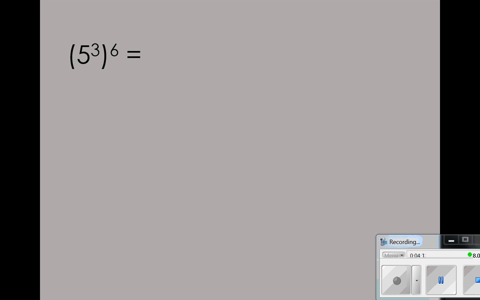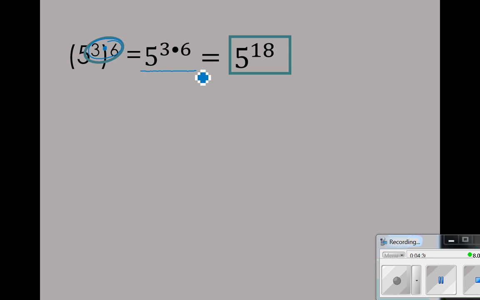Here's our first example. We have 5 to the 3rd power raised to the 6th power, so it is a power to a power. We're going to keep the base and multiply the 3 and the 6 to get, and here's our little math problem that I want you to write, 5 to the 18th power.